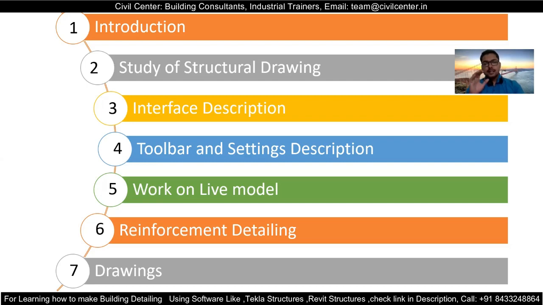Now that is okay if you are working with a building like G plus 3 or lesser, then that is enough. But if you are working on a multi-story building, then you need the detailed drawing. Now why is it needed?